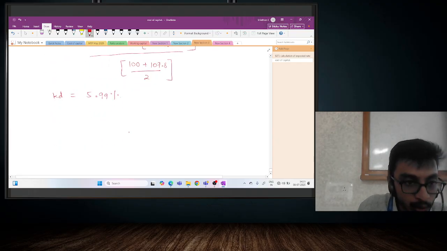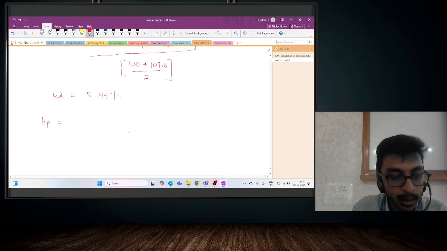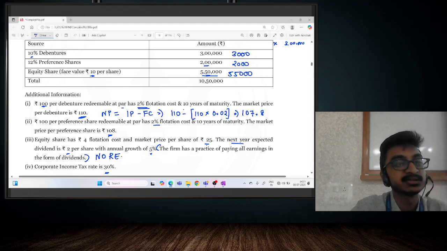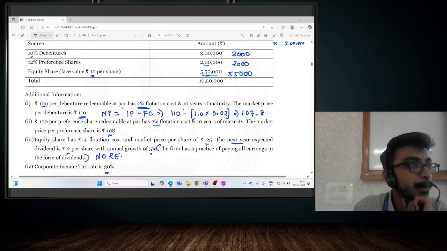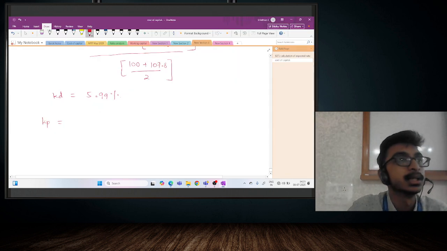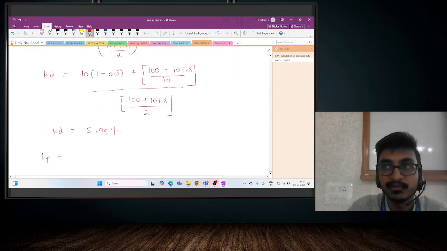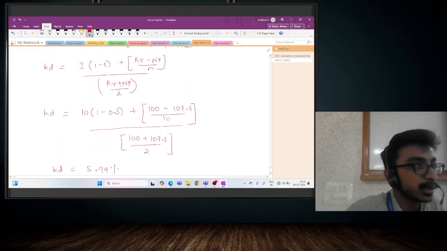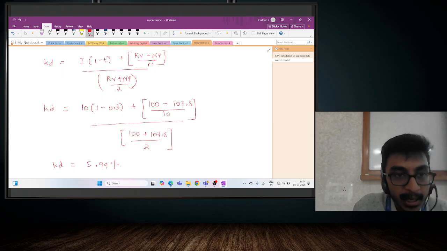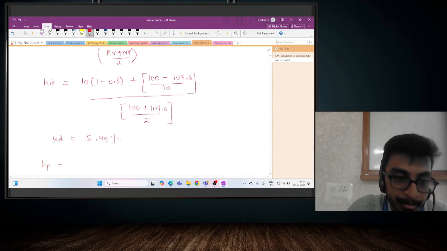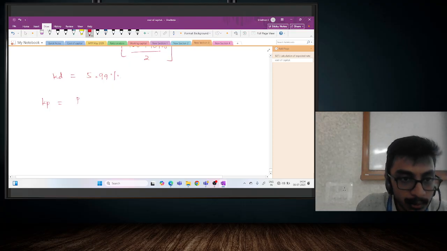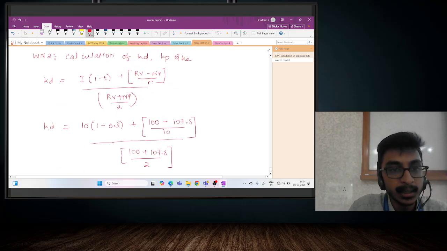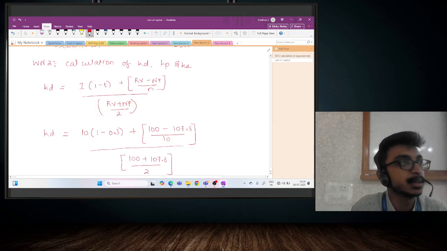Next, calculate the cost of preference share capital. In this case, the preference share is a redeemable preference share. So what is the formula? The formula for calculating redeemable preference share cost is exactly similar to cost of redeemable debentures, but the only difference is that instead of interest we are going to pay preference dividend to the preference shareholders, and interest is multiplied with 1 minus T because interest gives tax savings to the company.